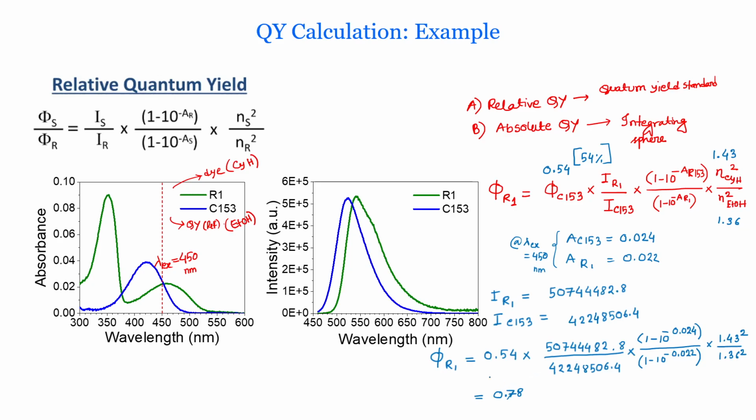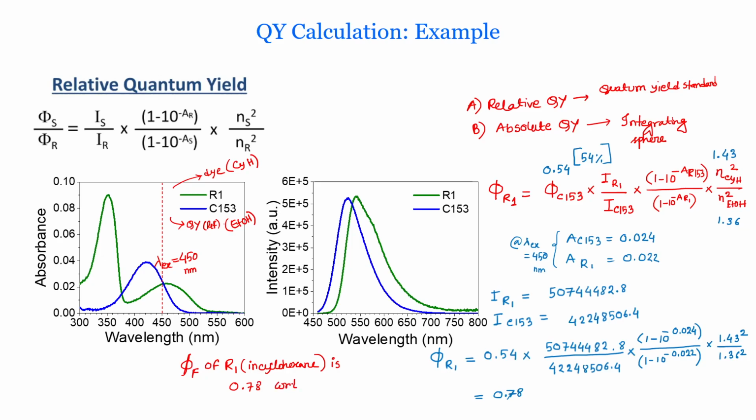Okay, so the quantum yield of this, we write it generally, we use the red color pen. So quantum yield of R1 cyclohexane is 0.78.